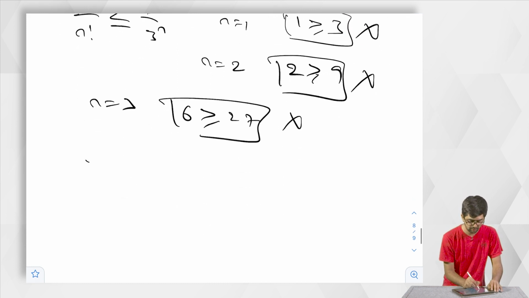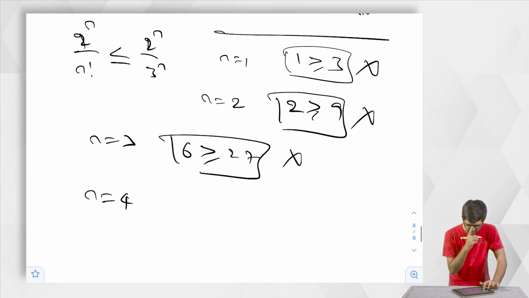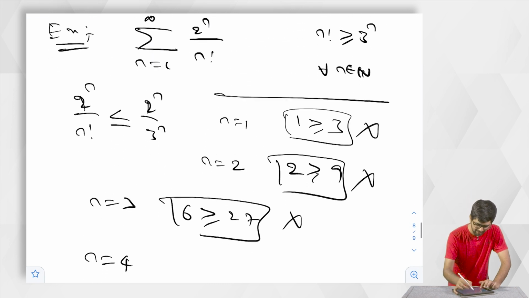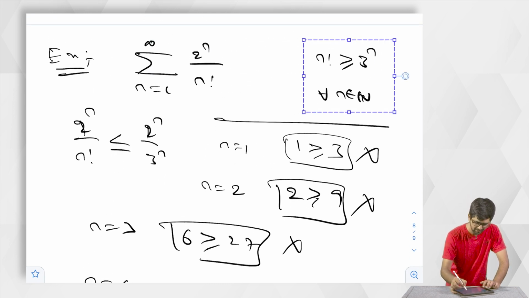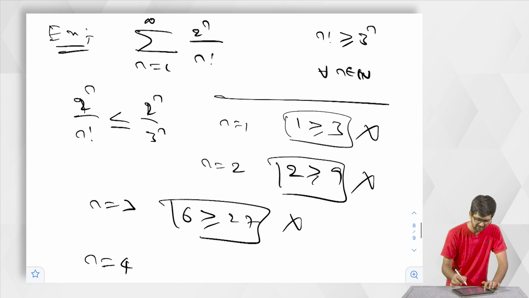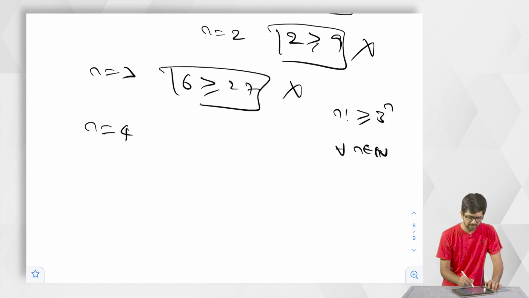Let us do some more and then see. n is equal to 4. So n equal to 4, 4 factorial is 24, 24 greater than or equal to 3^4. What is 3 times 27? 3 sevens are 21, 3 twos are, I don't know, what is it, 81.